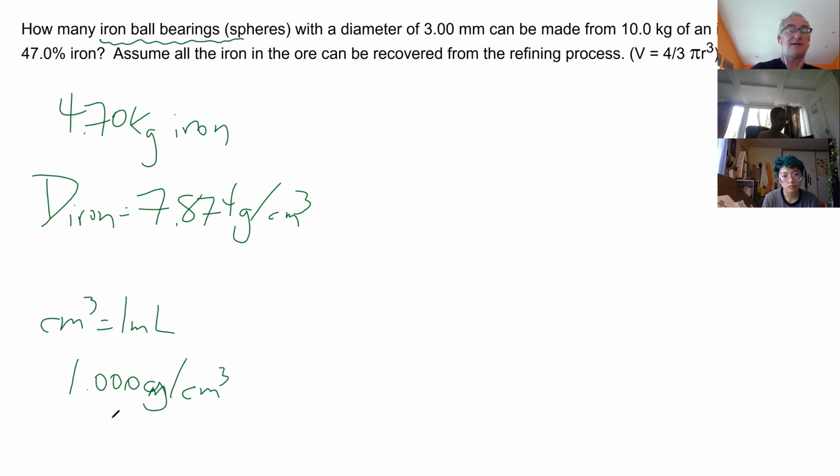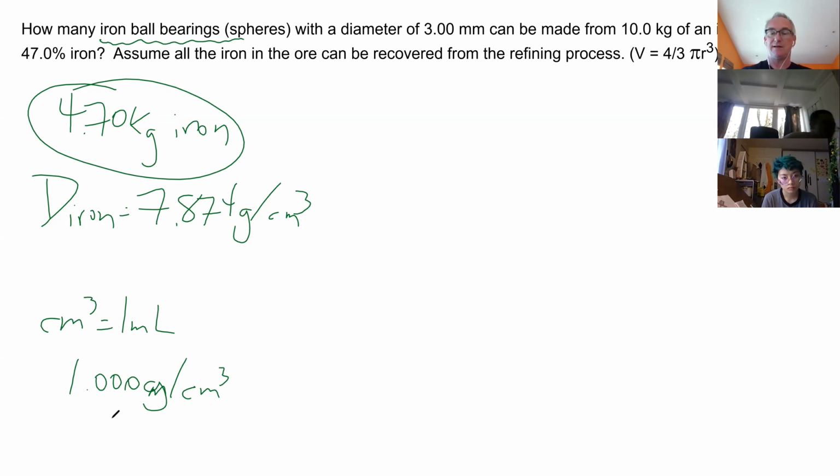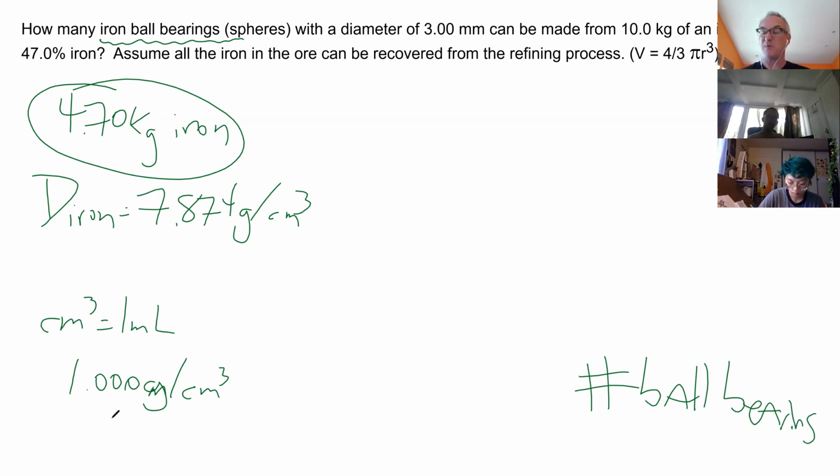Because we have a mass, and we need to turn that into a number of ball bearings. The easiest way to do that would be to figure out the mass of one ball bearing, and then we could divide it, right? So what would be the mass of one ball bearing? How are we going to do that?